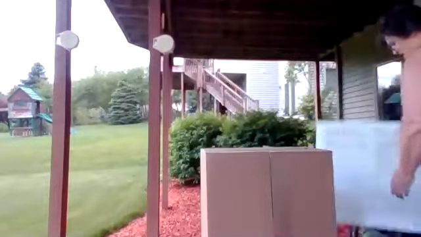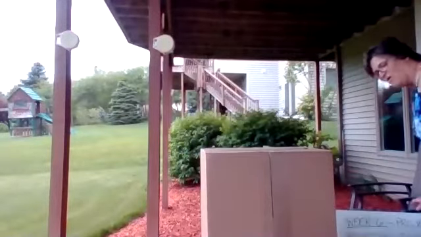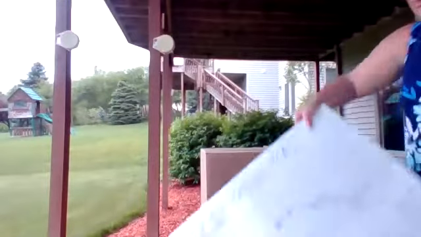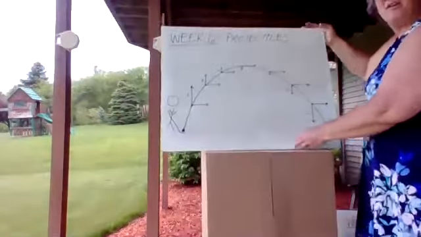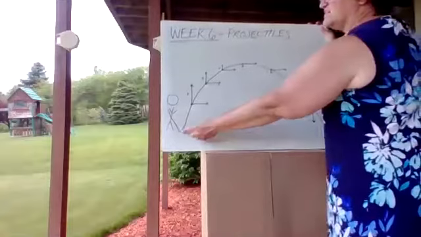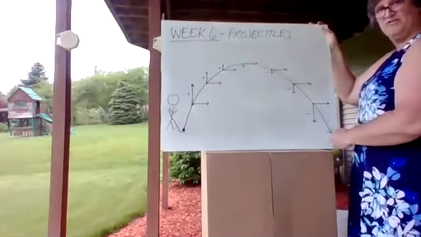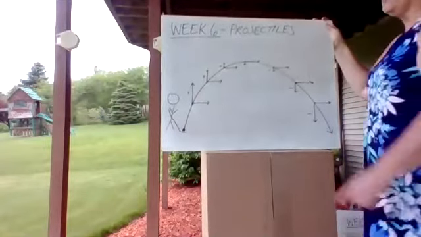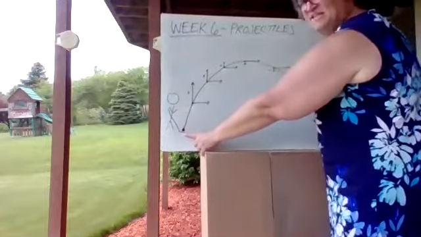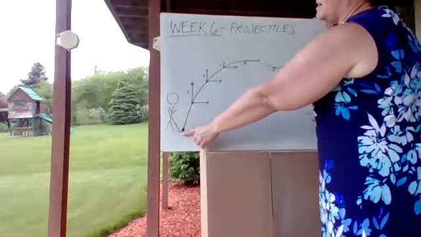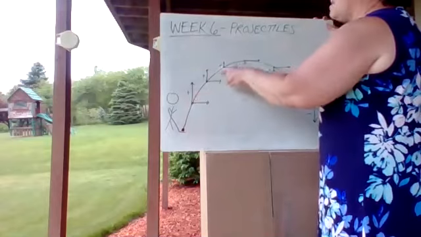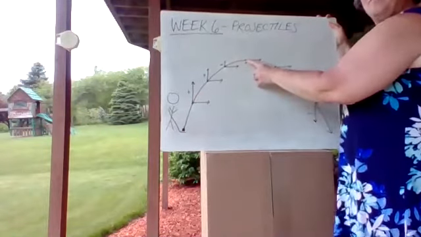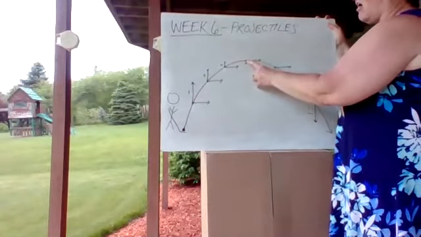Now let's talk about the vectors that go with those projectiles. So the path that you're going to take, again, is a half of a circle when you're using a projectile. So what's going to happen if I hit the golf ball is that golf ball is going to travel up, and at some point it's going to hit the peak or the top of its arc.